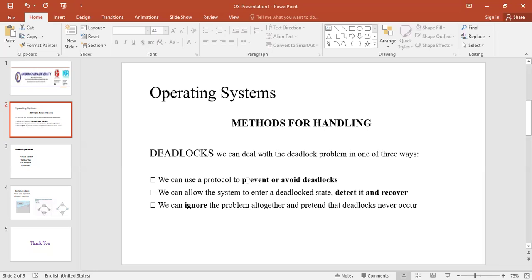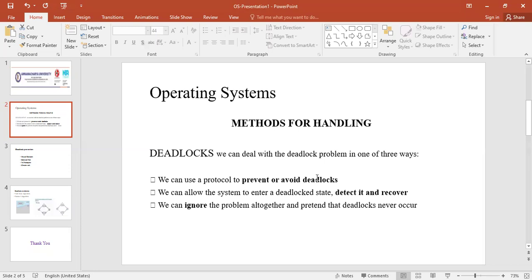Like that, this method of preventing and avoiding deadlocks works the same way. Through these methods, we cannot enter into the deadlock state.